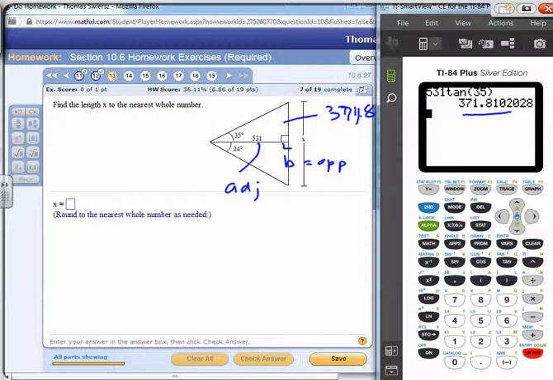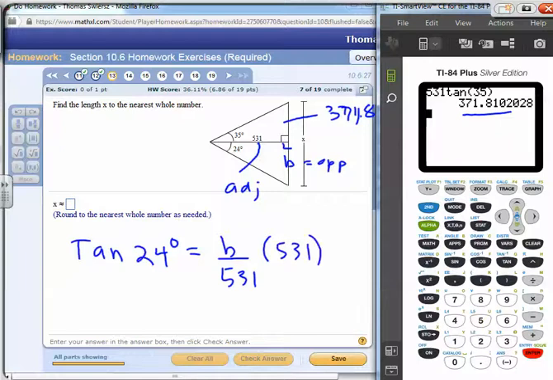So the trig function involving opposite over adjacent is tangent. This time we're working with the lower triangle. Tangent of 24 degrees is B over 531. So multiply by 531, and we get B is equal to 531 times the tangent of 24 degrees.